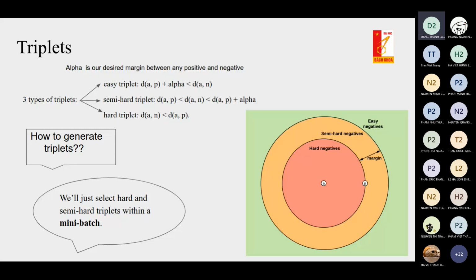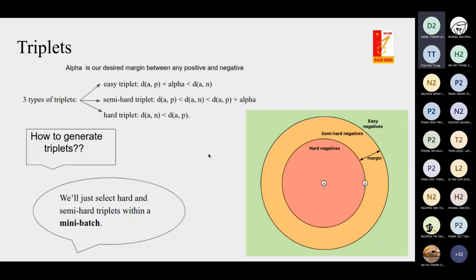Since the easy negative makes no sense for training, because the loss of an easy negative is 0, we just choose the hard negative triplet and semi-hard negative triplet for our training.